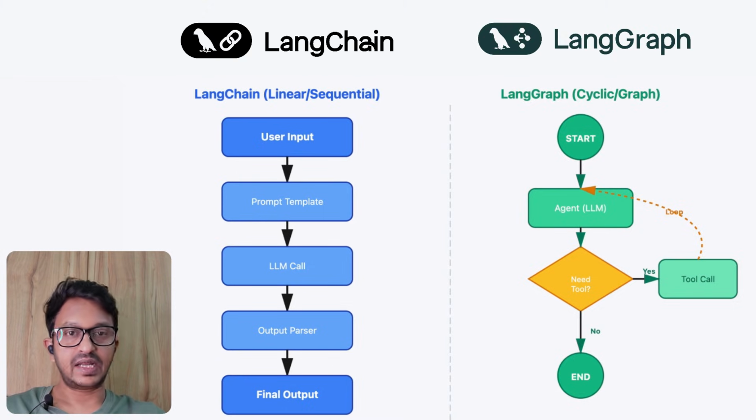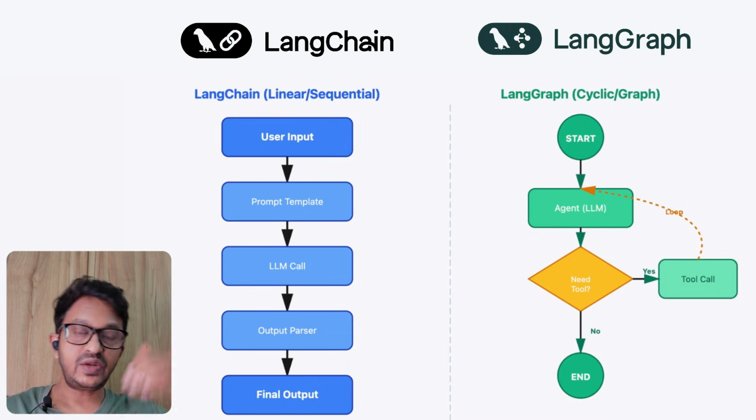So let's talk about the flow type, how the process flow goes. When it comes to LangChain, the flow type is linear. It is very sequential, only one way. The data flows in one way. It's not very dynamic. Whereas in LangGraph, it is cyclic, graph based. Loops are allowed.